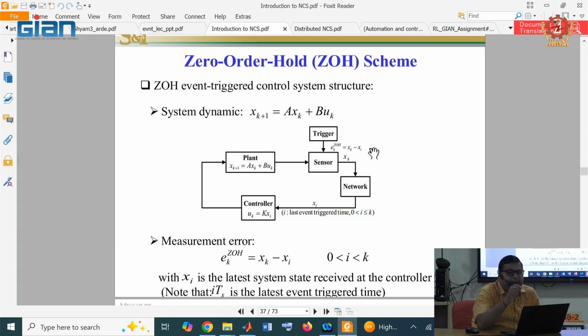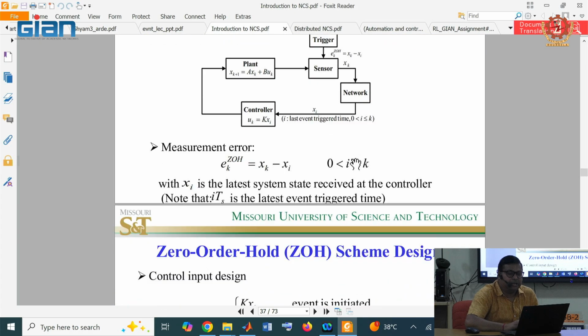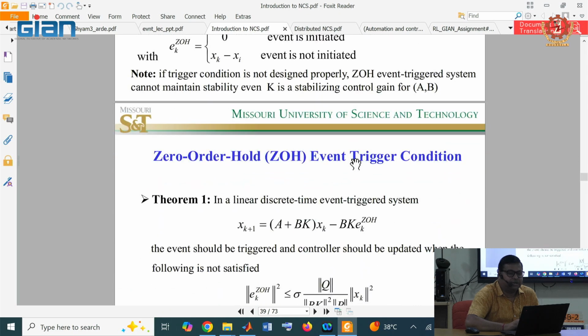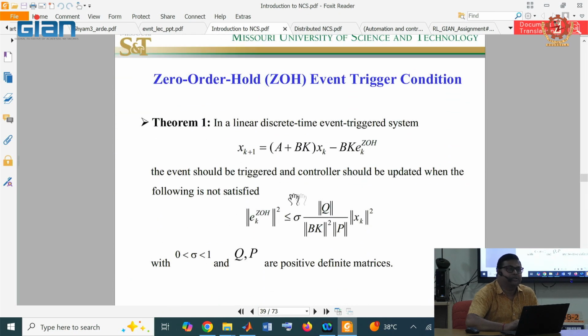Now we have to find a stabilizing condition, which will be my triggering law, and if it is violated, then it is going to be triggered. Subsequently we found that condition. You will find that the condition is this, and it is in terms of error only. This is a stabilizing condition, and how it can be found out: using the same stability condition only.